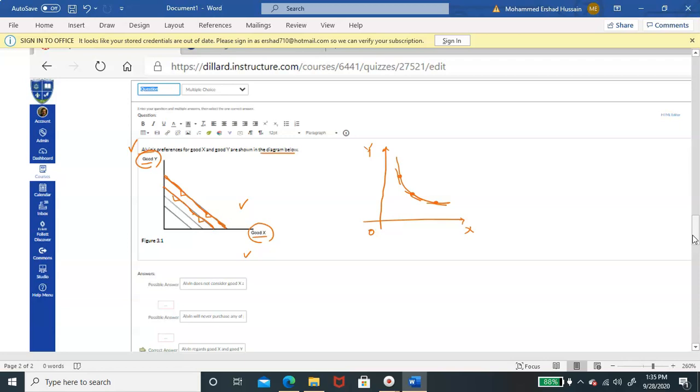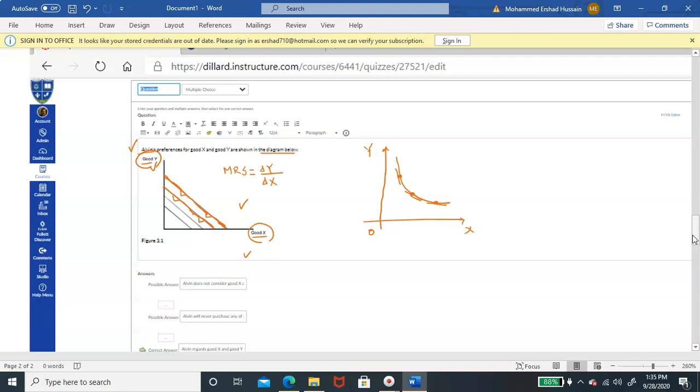So the slope remains the same. Also in our discussion we said that the marginal rate of substitution is equal to the slope. Here Y is on this axis and X is on the horizontal axis.